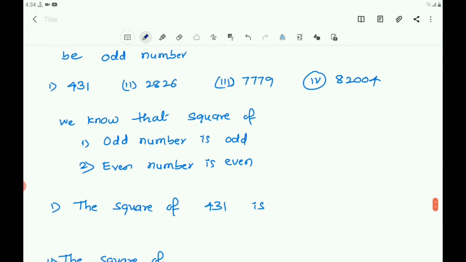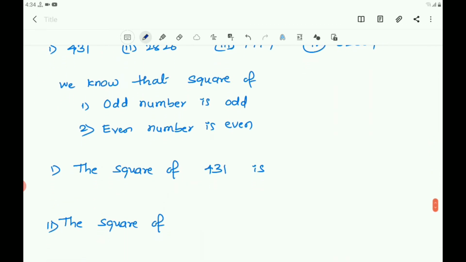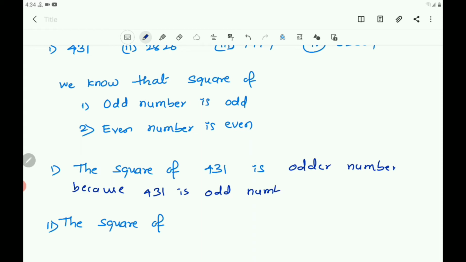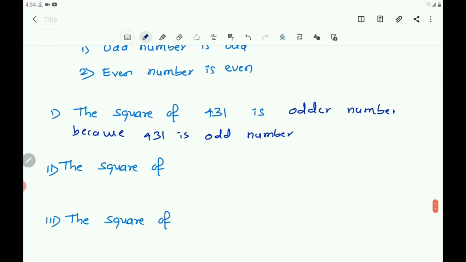So let us write that the square of 431 is an odd number. Why? Because 431 is an odd number.